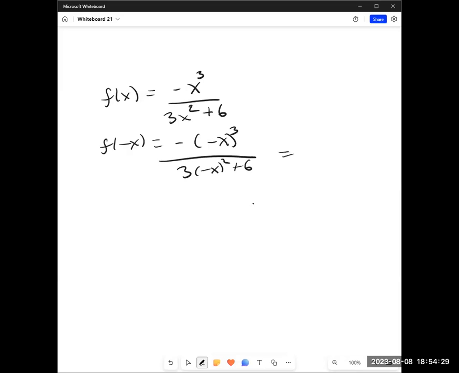So 3 negatives is a negative times a negative is a positive over 2 negatives is positive, and excuse me, this is to the third, and that differs by 1 sign. That's negative 1 times my original. So that makes that an odd function.